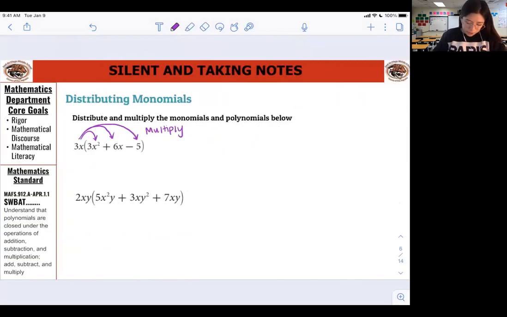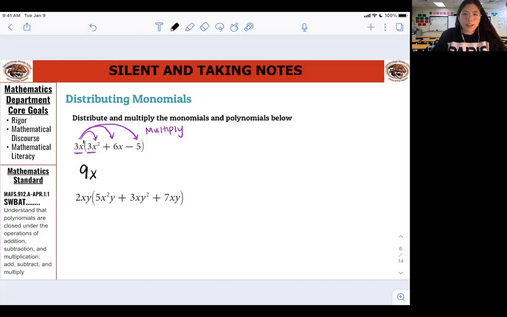Multiplying the coefficients. So I'll start with the first pair of numbers. 3x times 3x squared. What do I get? Careful. Multiply. 9x. 9, good. So I get 9. And then x to the power of, I'm seeing it from a few students.